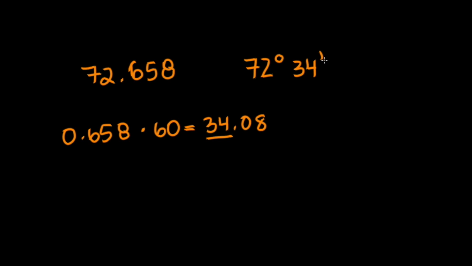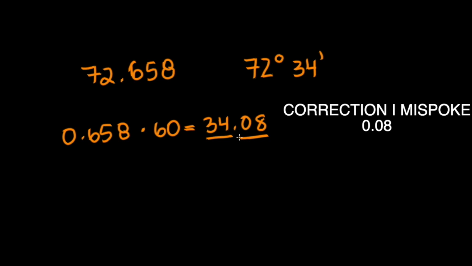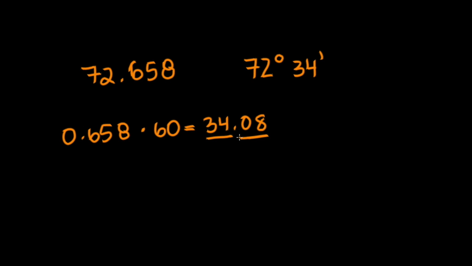and now we're going to find out how many seconds based off of our 0.08. We're now going to take the remaining 0.08 and multiply it by 60, not 3,600. We're doing this because we already multiplied the other 60 in the previous step. 0.08 times another 60 comes out to 4.8.